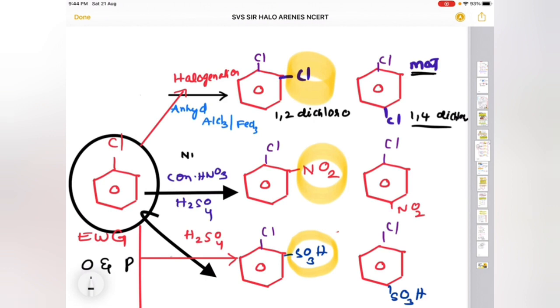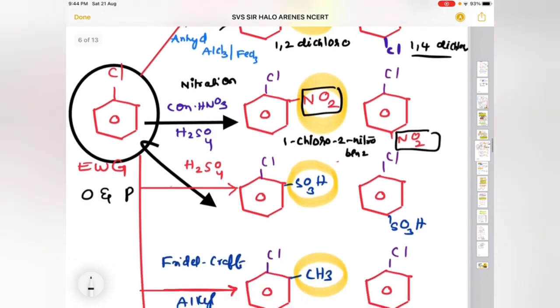Second one, nitration, this is a super trick, beta. In nitration, NO2 group will be substituted at ortho and para position. So 1-chloro-2-nitrobenzene.